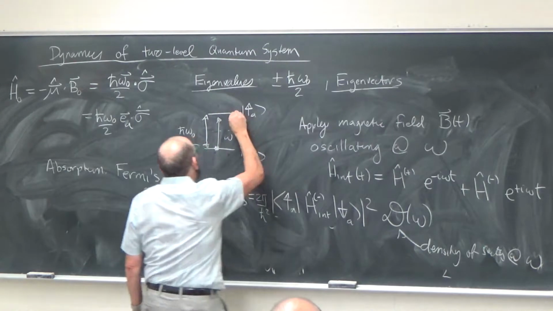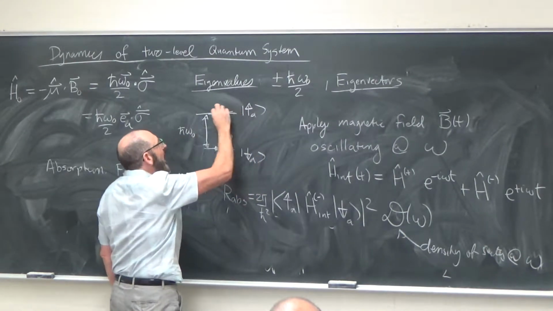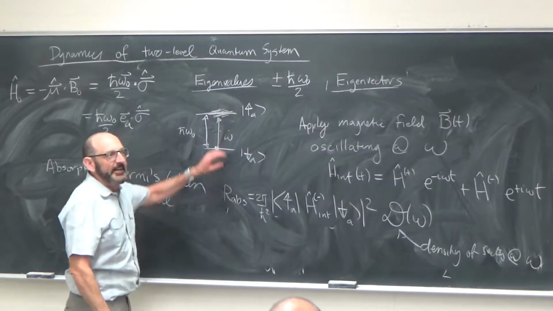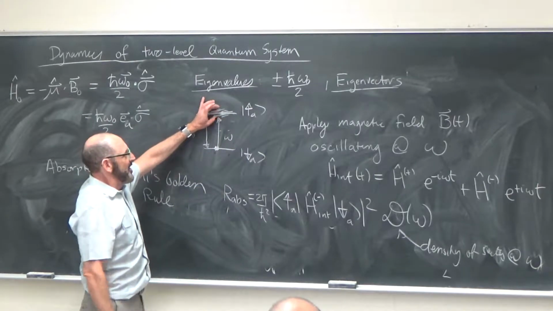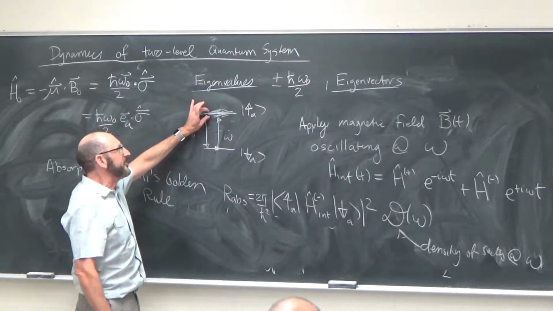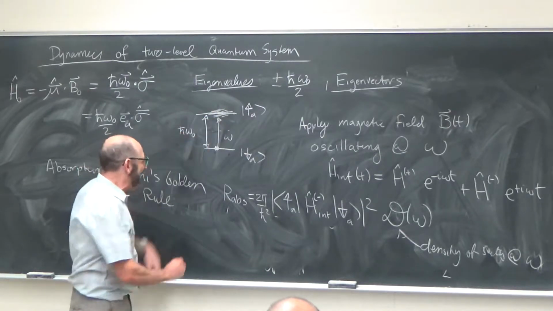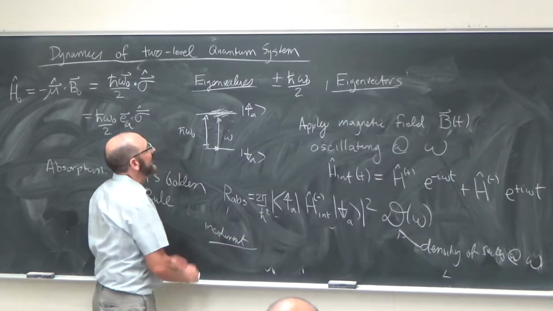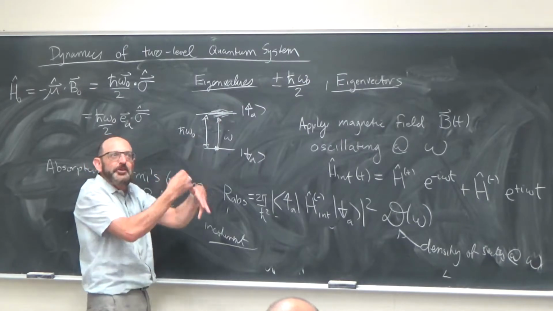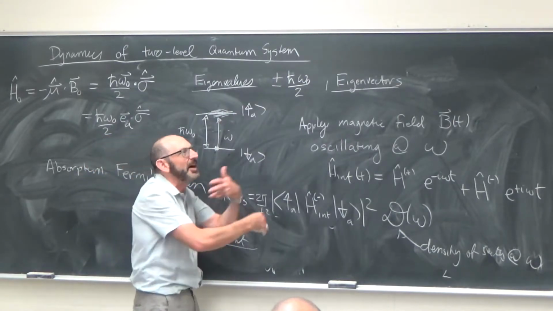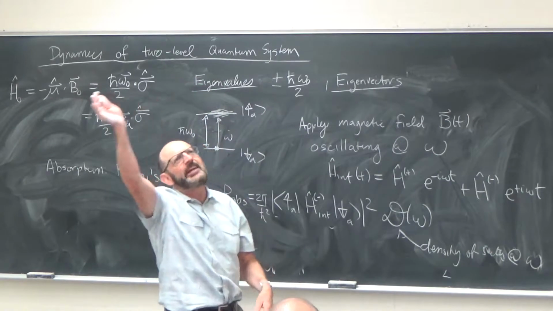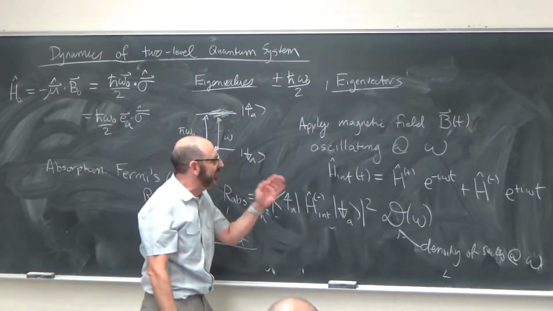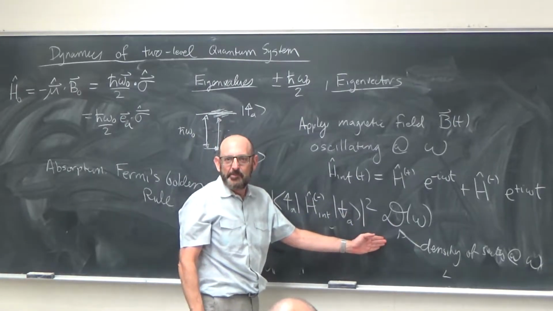if I didn't have a single line here, but I had some breadth of lines here and some potential weird processes that make the system incoherent, then I would do all the trickery that usually leads us through time-dependent perturbation theory, integrating to infinity and setting this thing to a delta function, and then ultimately end up with Fermi's golden rule.